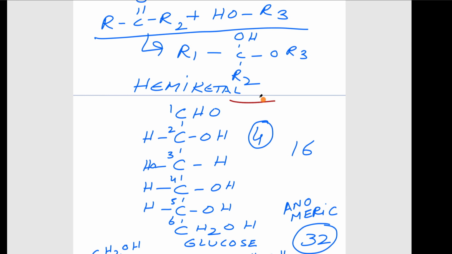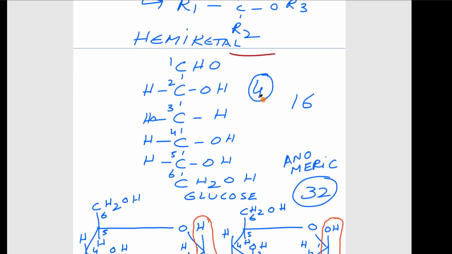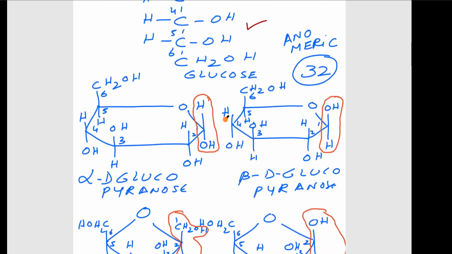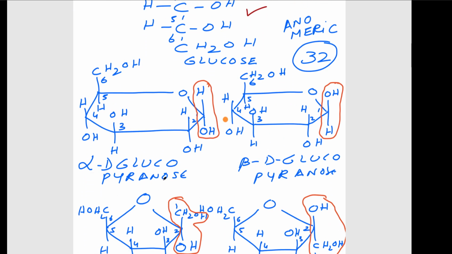Then we have written the straight chain structure of the glucose, showing that there are 4 asymmetric carbons, so 16 isomers are possible. Then we said there will be linkage between carbon 1 and carbon 5, leading to the cyclic structure, that is alpha D glucopyranose, beta D glucopyranose.